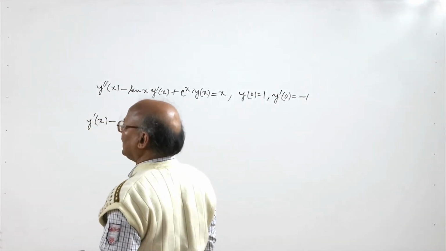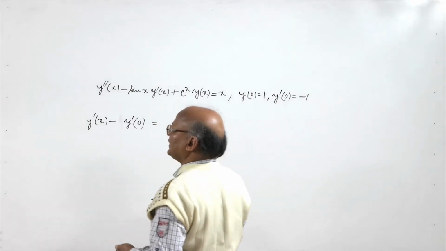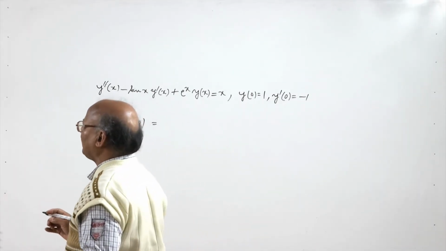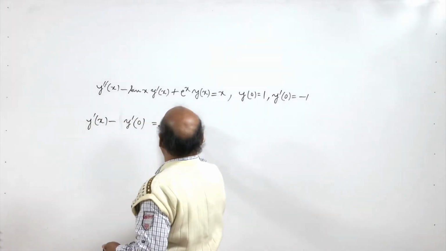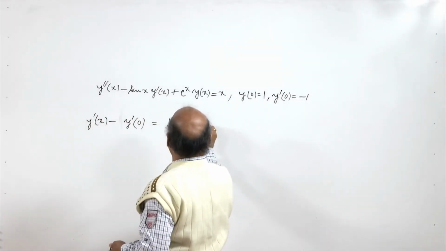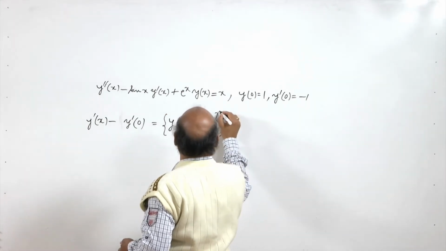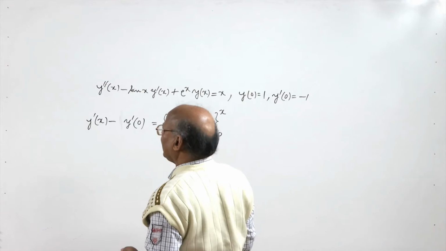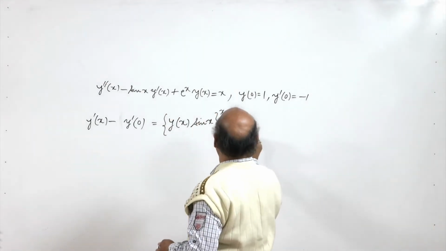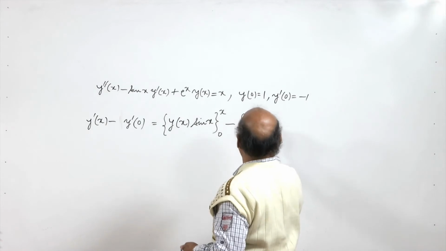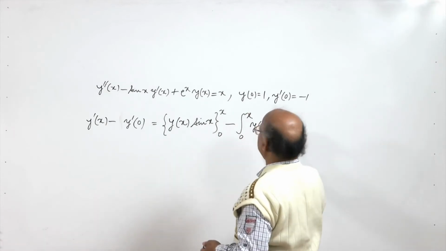On the right, we have the integral from 0 to x of y dash x into sin x. We can integrate that by parts. The integral of y dash x is y x, into sin x from 0 to x, and then we are integrating by parts, so minus integral 0 to x, and we have y x here into the derivative of sin x.